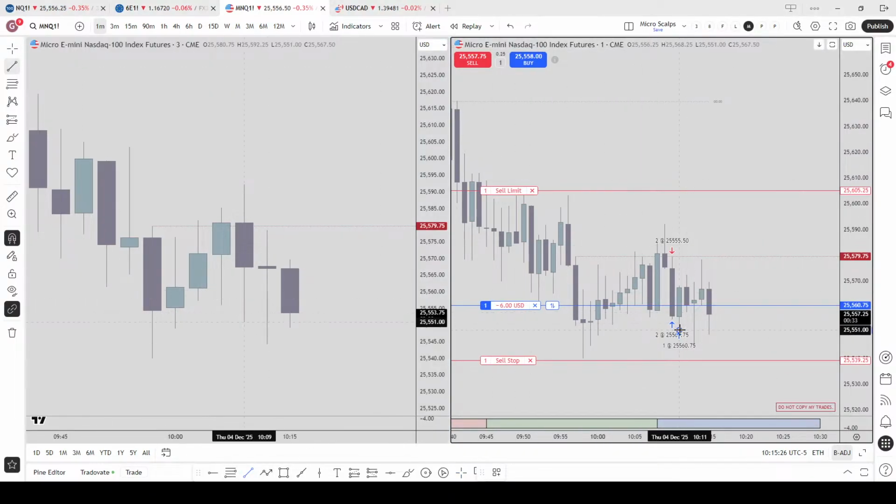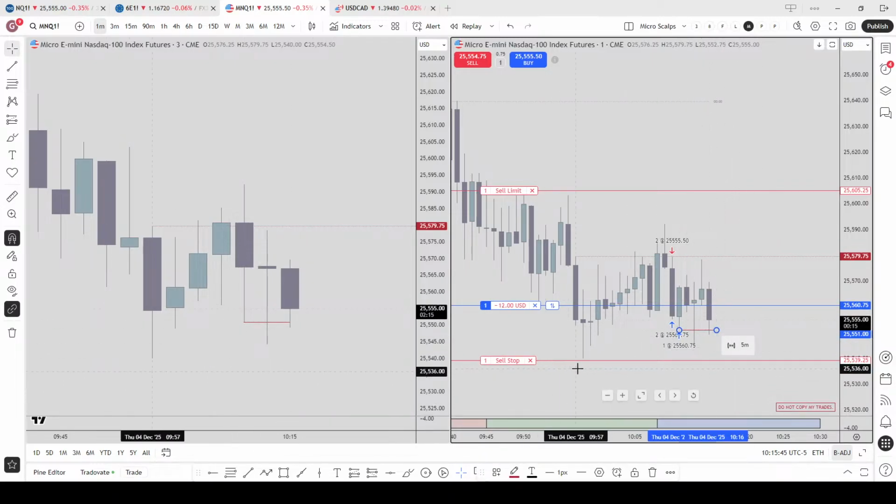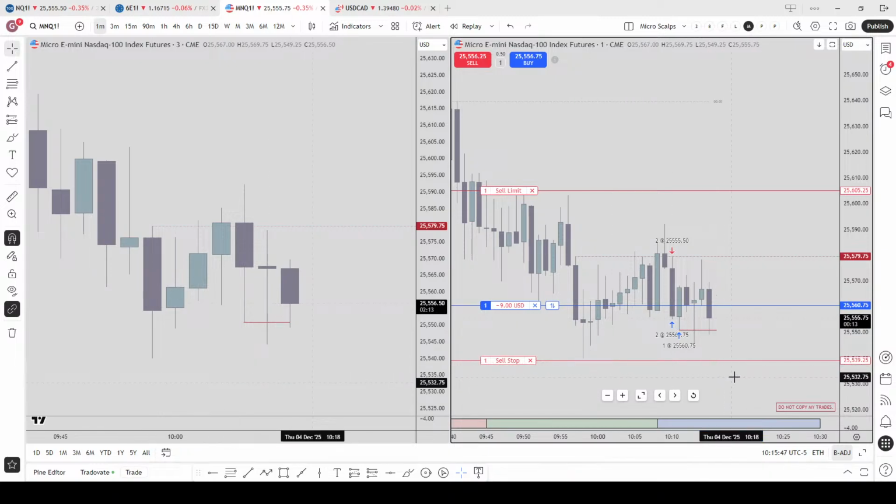What is this line here? Okay. Closing below this value here is gonna bring us to the sell stop. So yeah, hopefully it doesn't do that.